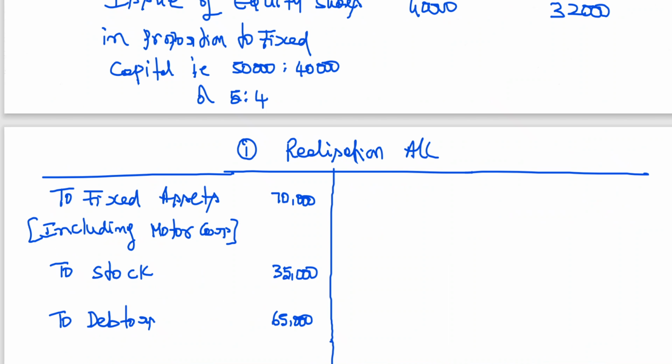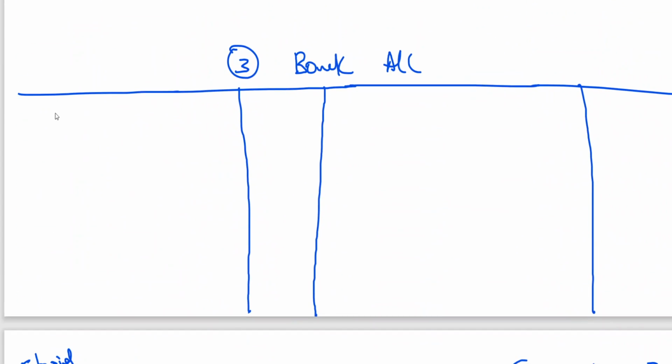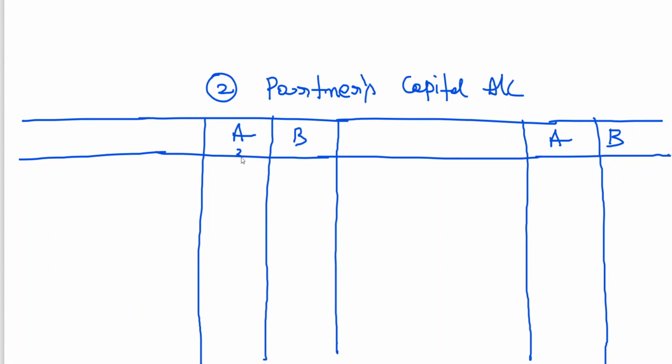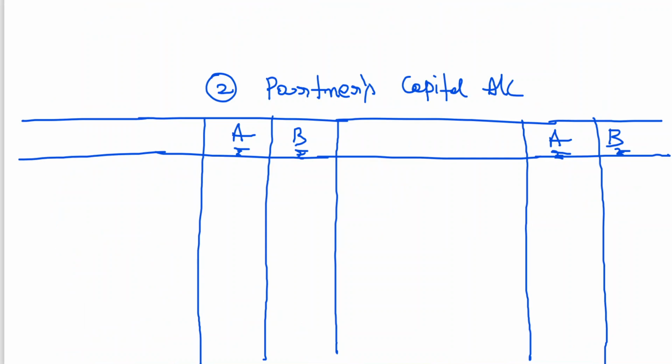Bank account 15,000. Then A's capital 50, B's capital 40.